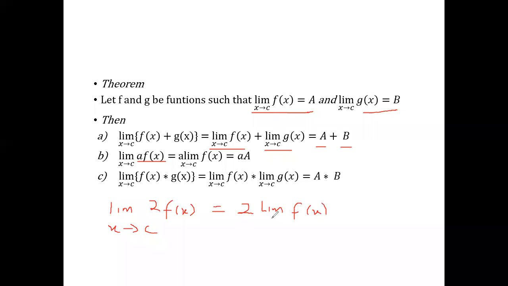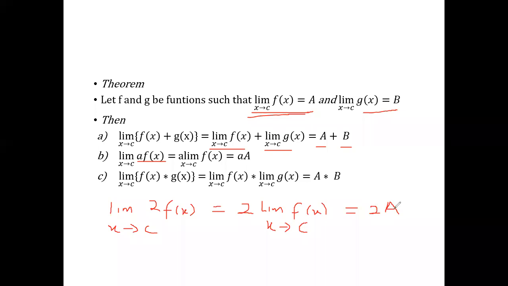So meaning you bring out your 2. And because the limit of f of x as x approaches c is equal to a, we can say it's equal to 2a.